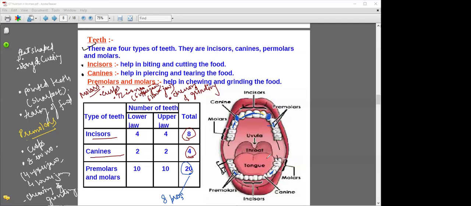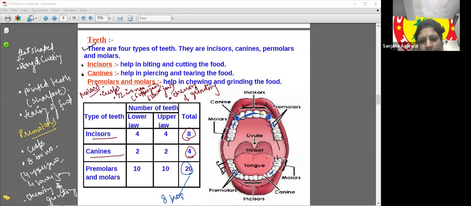Ma'am, what is the difference between premolars and molars? Just counting or a little bit of shape? In premolar, you will see the cusp, and it looks like 2 curves are meeting, whereas molars look like 3 different curves are meeting.